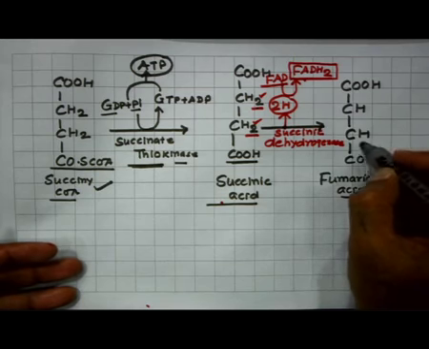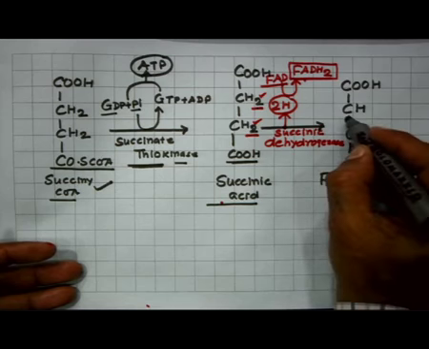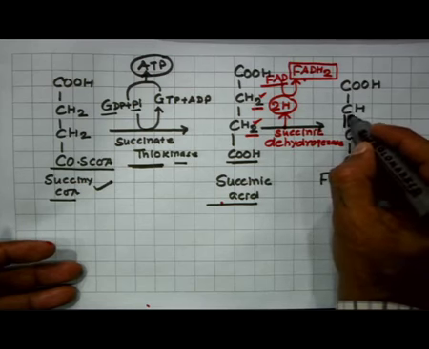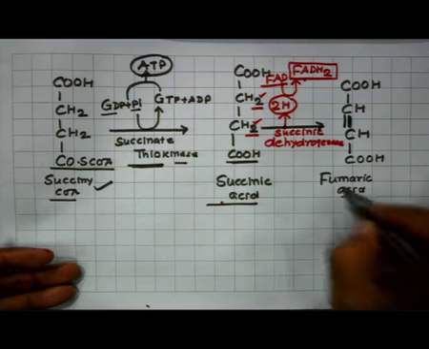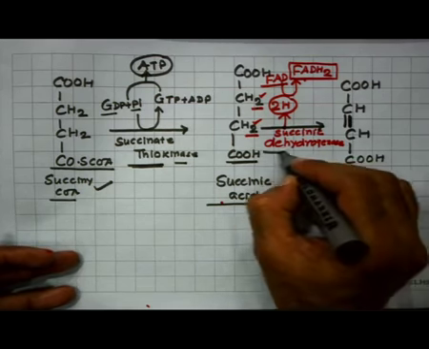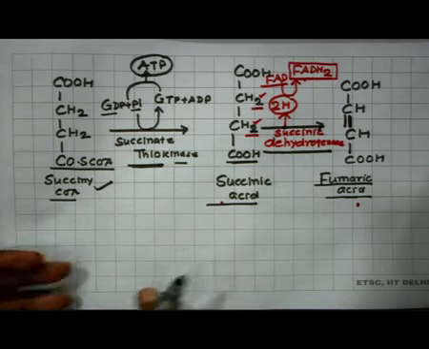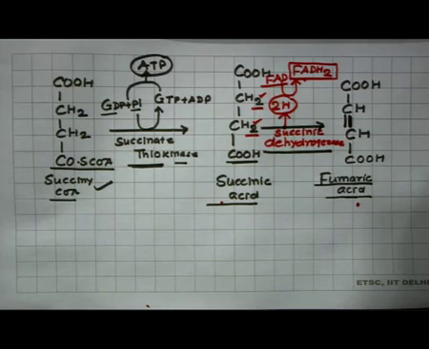Now, the structure is not complete because the carbon has no fourfold valency. So, here is a double bond between the carbon atoms. So, now it is the formation of fumaric acid, where dehydrogenation takes place. This is the seventh step of the Krebs cycle, called dehydrogenation.